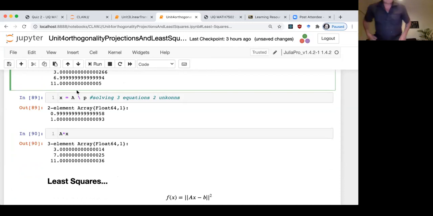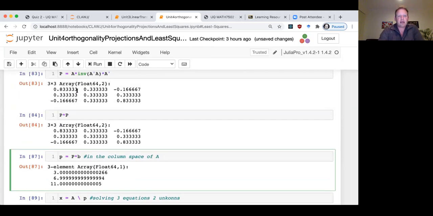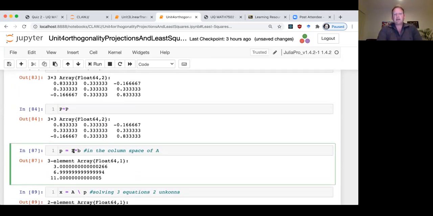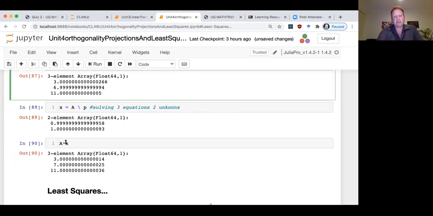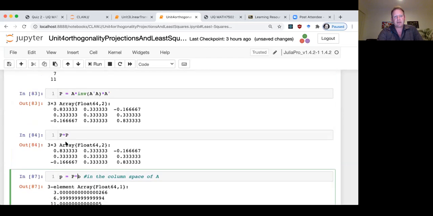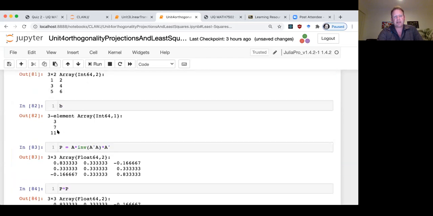But this specific B was already spanned by the columns of A. I think that's how we created this 3, 7, and 11.